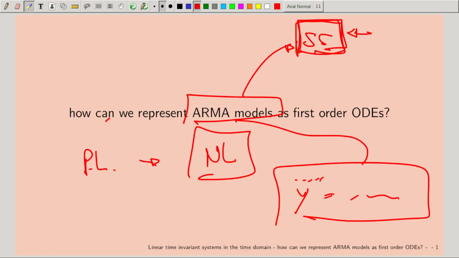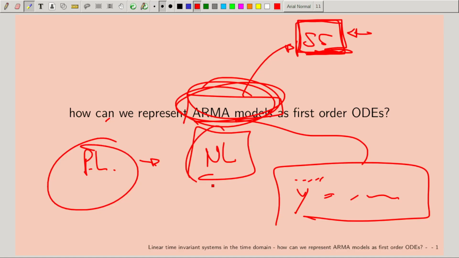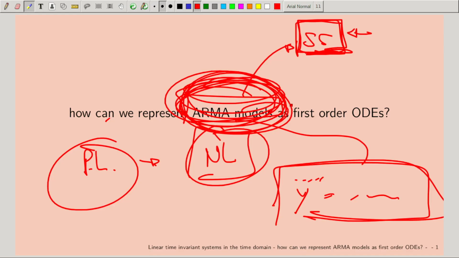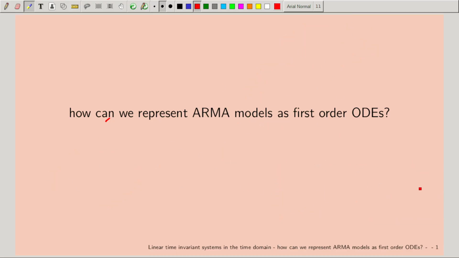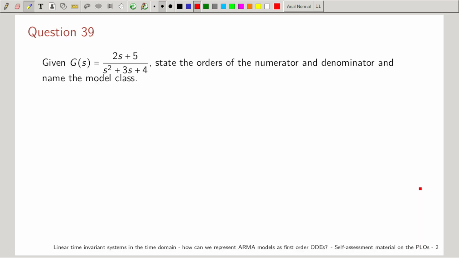Whenever we want to do PID, lead lag and simpler stuff, we stop at ARMA. Are we together as a workflow? Physical laws, nonlinear equations, linearization, ARMA, PID stuff, advanced control, state space. This module goes from ARMA to state space.